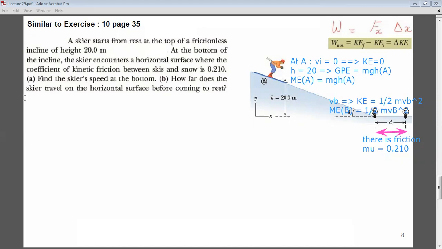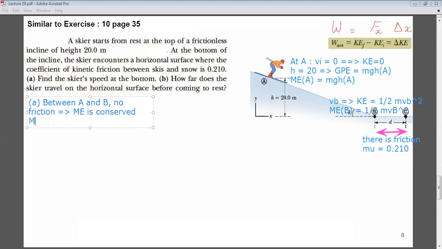So let's start. Find the scalar speed at B. To solve this, I will say between A and B, no friction implies mechanical energy is conserved.